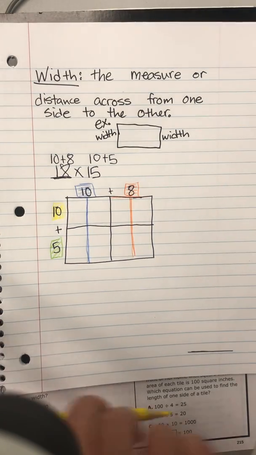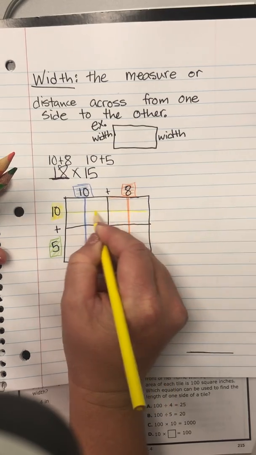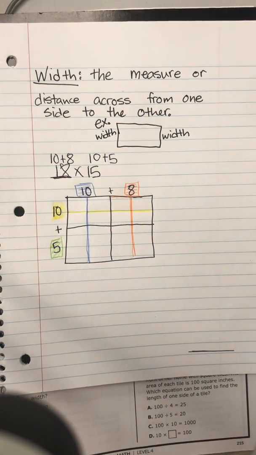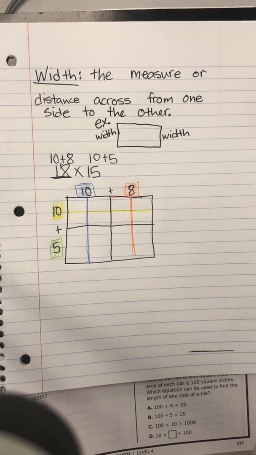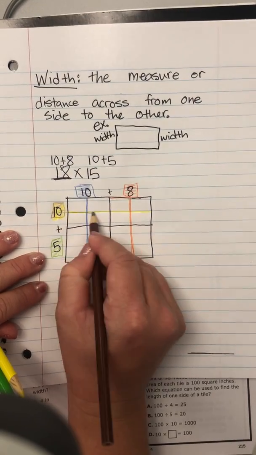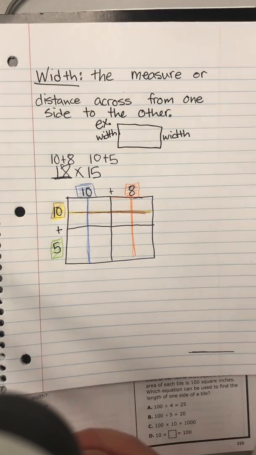And then with this 10, I'm going to draw a cross. You would normally color them. I'm going to use a different color than yellow because y'all can't really see yellow. That's okay, we'll use brown. I just want you to be able to see it.